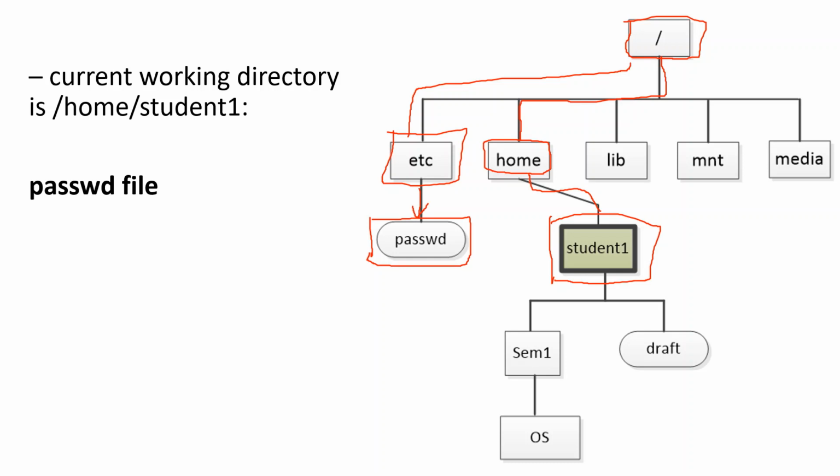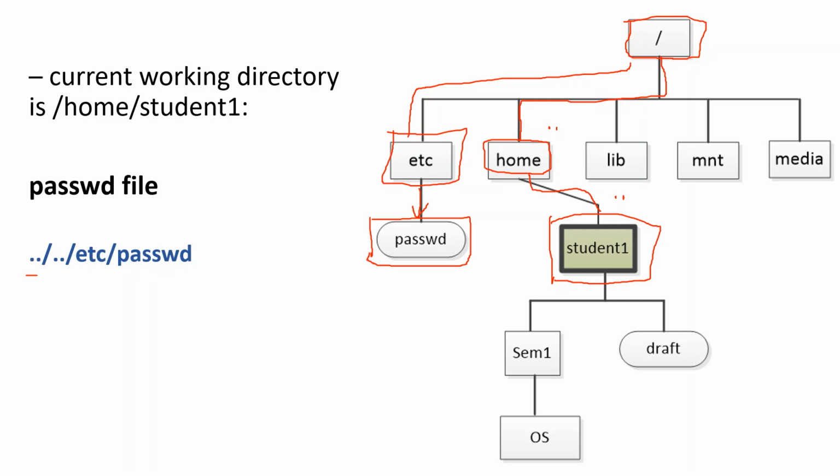Okay, so when we go up to the parent, we are actually using the double dot. And then we have another double dot because we're going up twice. Then we go down to etc and then down to password. So it is like this. The double dot denotes that from student1 you need to go up. So it is /home, right?